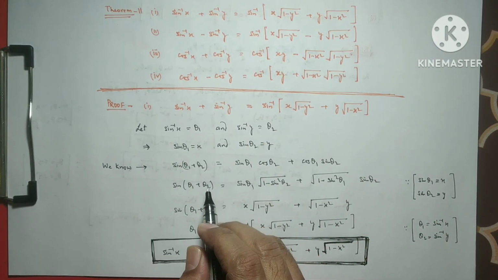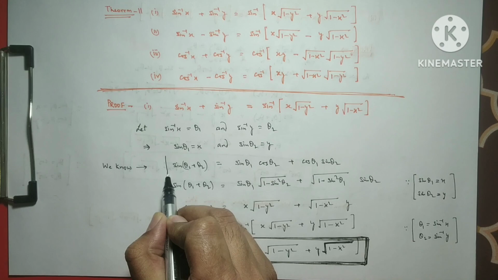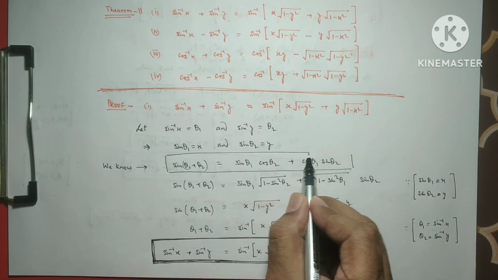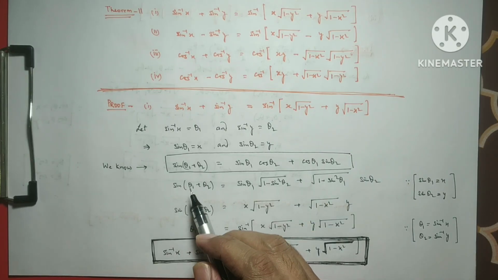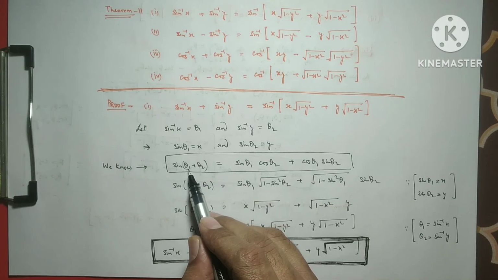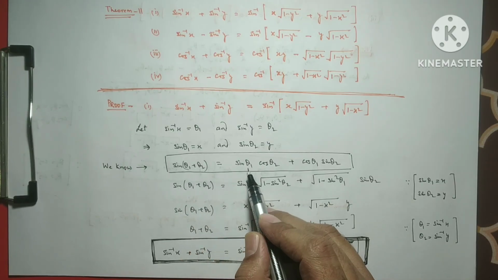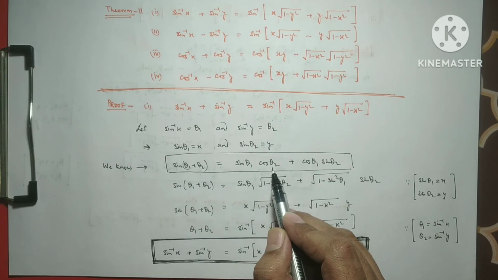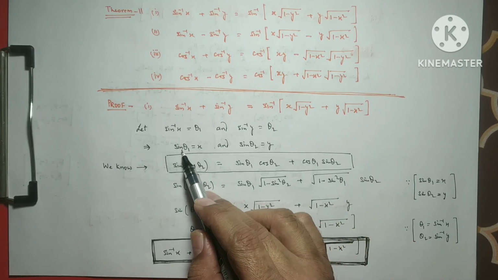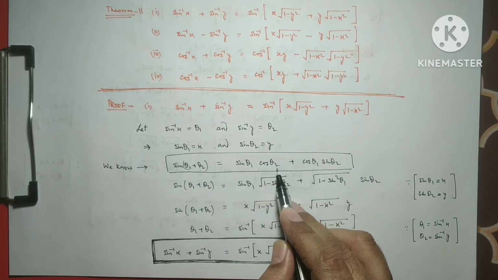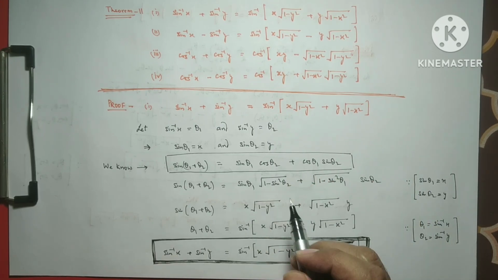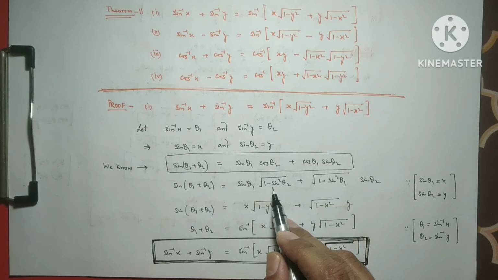By the trigonometrical formula, sine of theta 1 plus theta 2 equals sine theta 1 cos theta 2 plus cos theta 1 sine theta 2. But we have the values of only sine, and in this expression we have cos also. So first we should convert these. We can write cos in terms of sine.